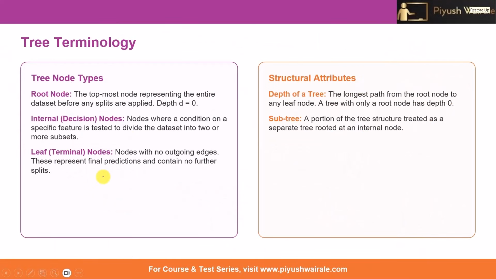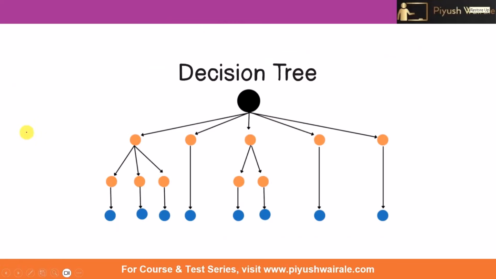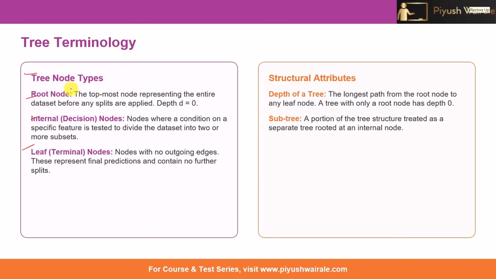Then the tree terminologies. There are three node types: root node, internal node, and leaf node. This is the root node, the very first node. Then come the internal nodes, this and this. At the very last depth lies the leaf node. The root node is the topmost node representing the entire dataset before any split is applied, and it has a depth of 0.